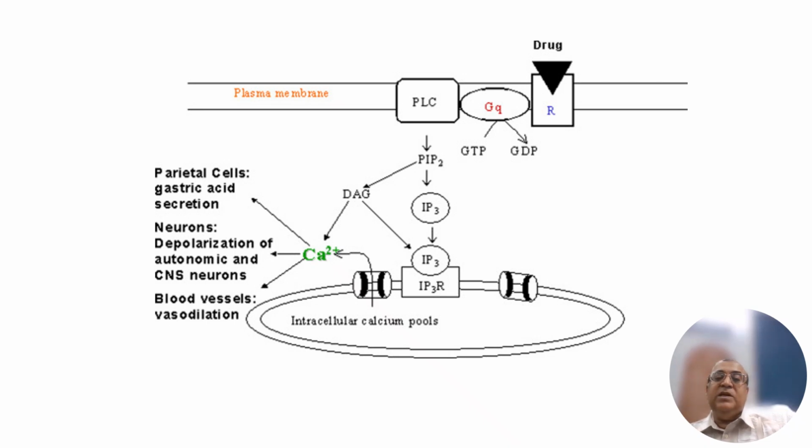So the same result can be achieved by a drug. Here you can see a drug binds to a receptor and then stimulates the G alpha, and this will result in activation of the phospholipase C that is responsible for these two different pathway activations, inositol triphosphate and diacylglycerol.